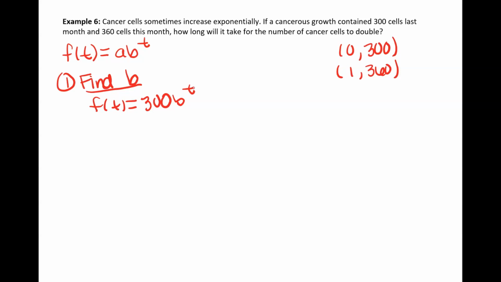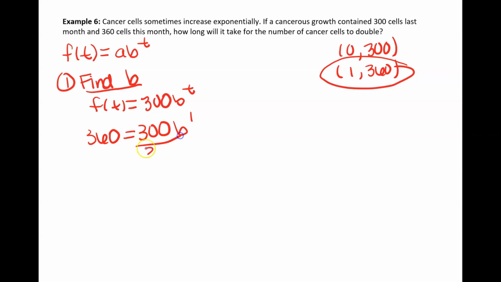And then I know, using this data, that starting with an initial of 300, b, after t equals 1, I'm left with 360. So divide. b would be equal to 360 over 300, because b to the first power is just b, and that reduces to 6 over 5.